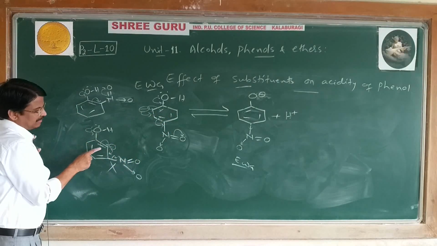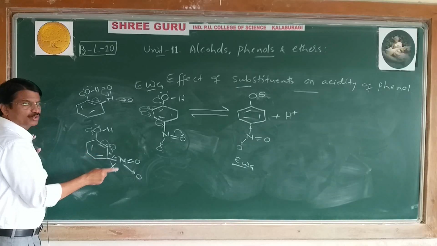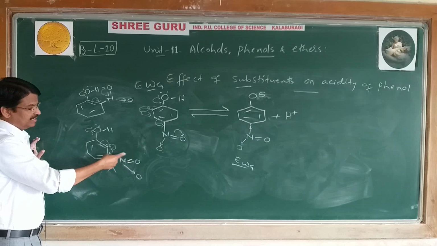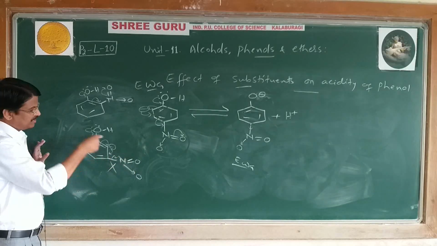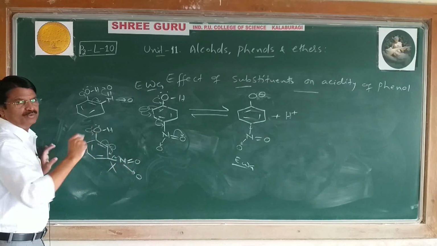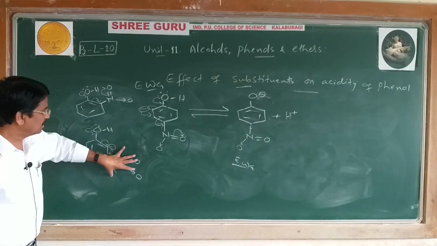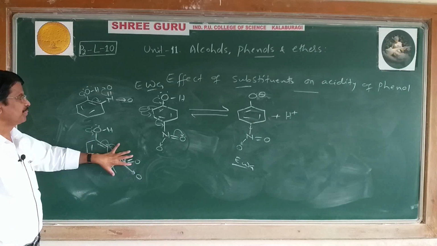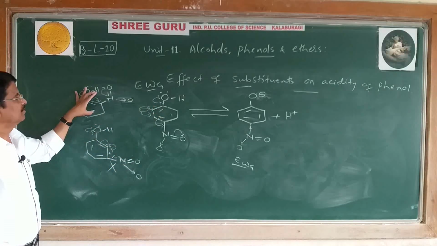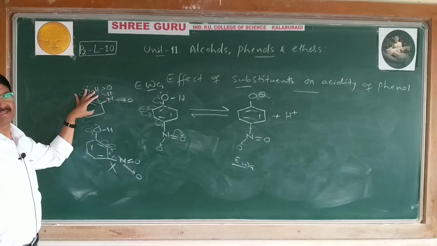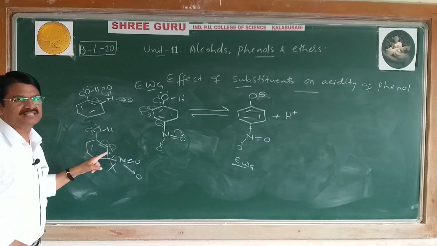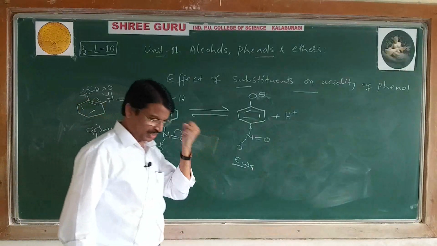Next, if the NO2 group is at the meta position, it is not involved in resonance with the ring, or the negative charge is not delocalized with the NO2 group. Hence, meta-nitrophenol is least acidic, para-nitrophenol most acidic, and ortho-nitrophenol intermediate. But all the nitrophenols are more acidic than phenol, because in all three cases there is an NO2 group, an electron withdrawing group.